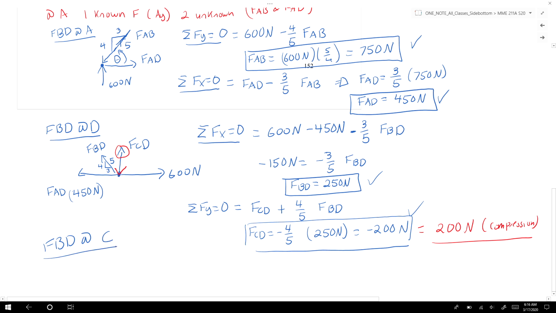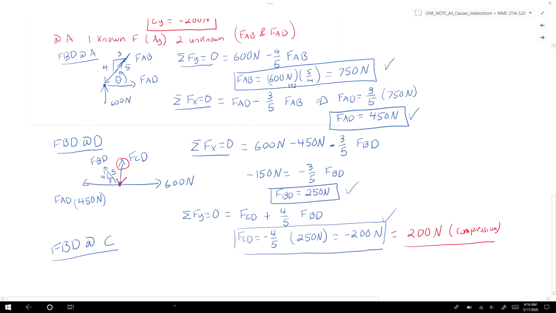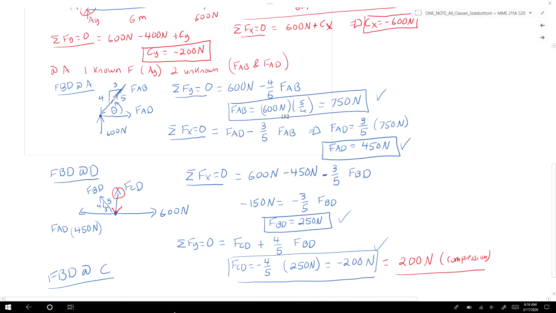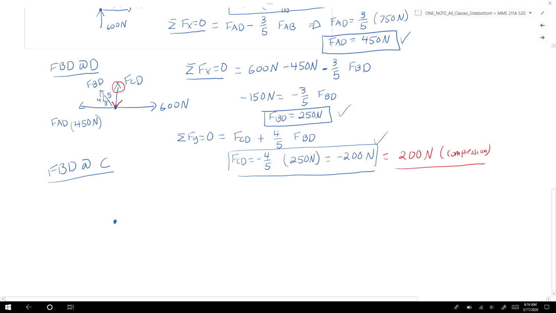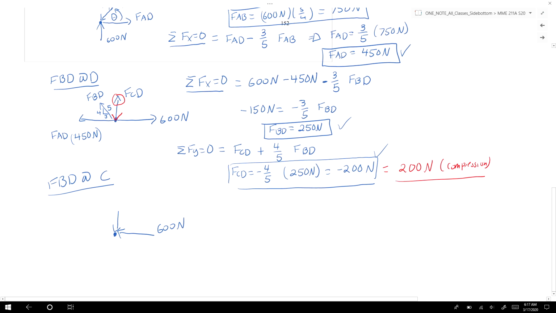All right. So at C, we have C of X and C of Y. So we have those as being negative 200 and 600 newtons. So it would look like this. And we have negative 200 newtons.